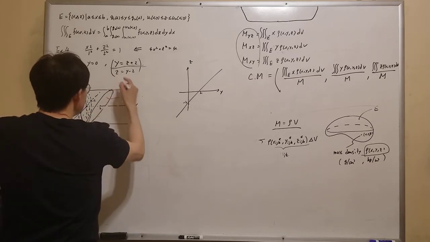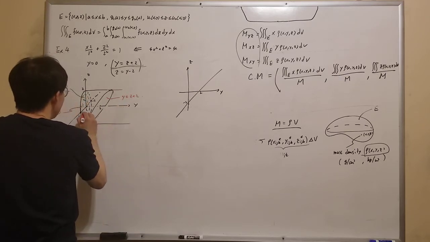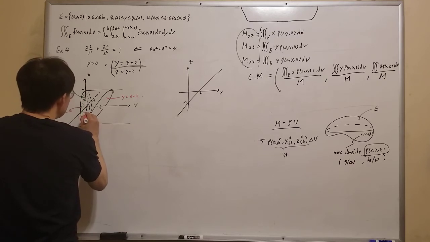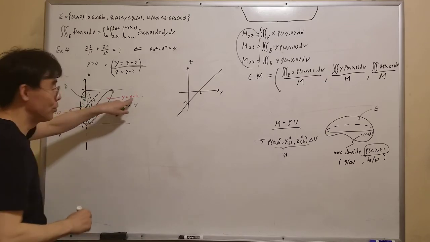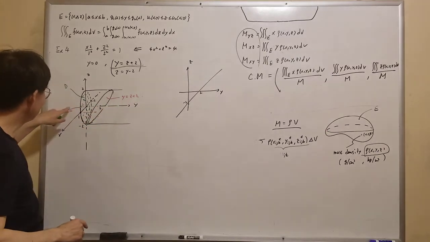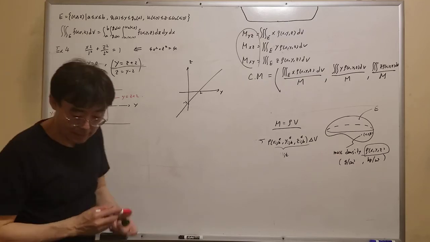This one is y equals z plus 2. So for given x, z, you're going out of here, right? Through this plane. Entering the region through y equals 0. Okay?